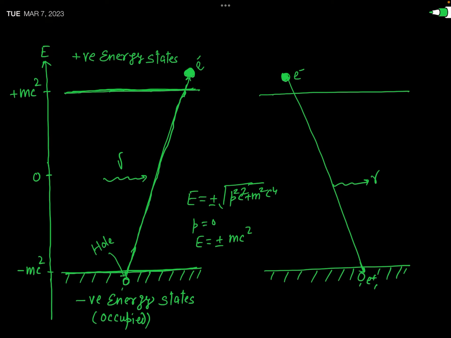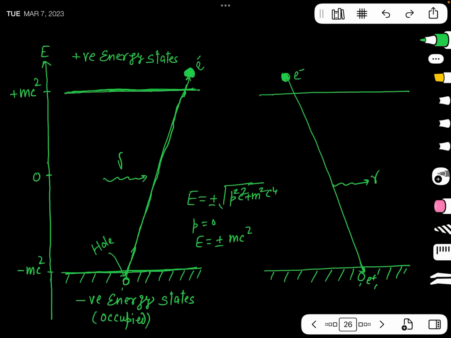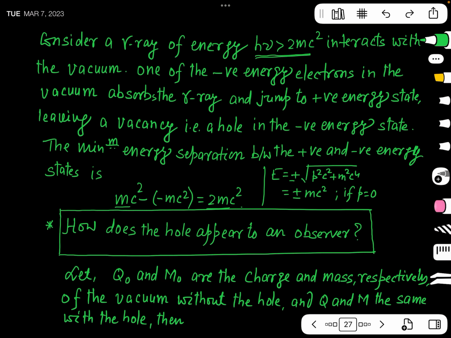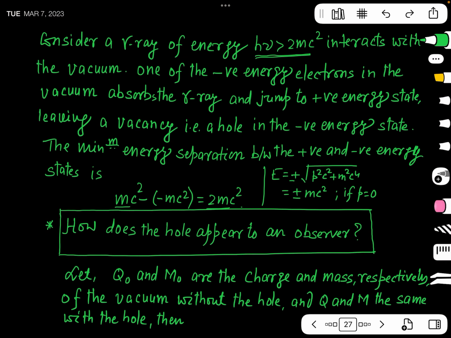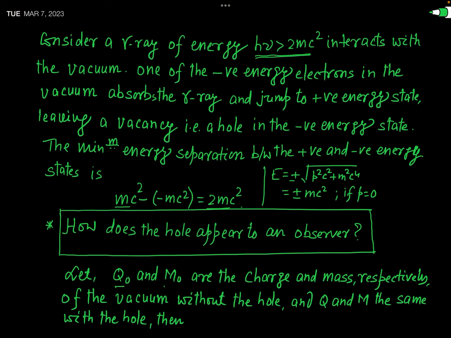To know how this hole will appear to an observer, let us consider that the charge of the vacuum is Q₀ and its mass is M₀. Q₀ represents the total charge of the vacuum, where vacuum means completely filled with electrons in negative energy states. And M₀ is the mass of the vacuum in the unperturbed condition.